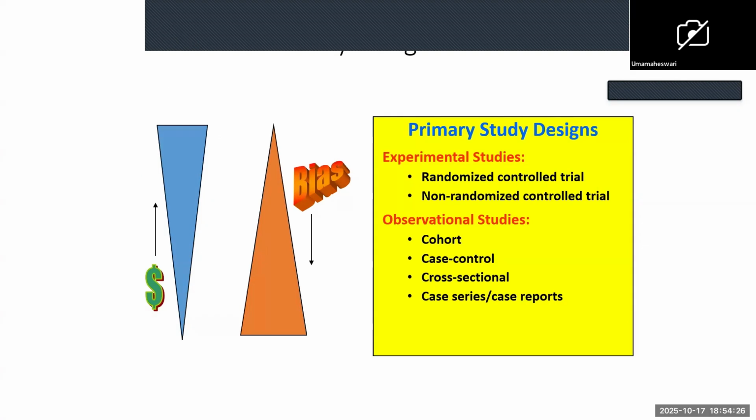As a researcher, you will not do any interventions. If you do an intervention by means of any cessation experiments, health education, or vaccination, that becomes your experimental study. If you are just observing, that is an observational study. If you are intervening or doing some experiment with human research participants, then it becomes an experimental study.